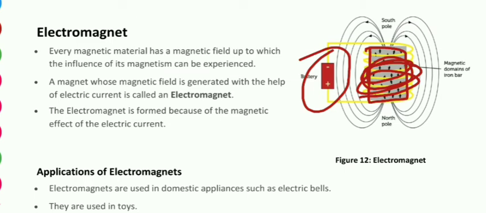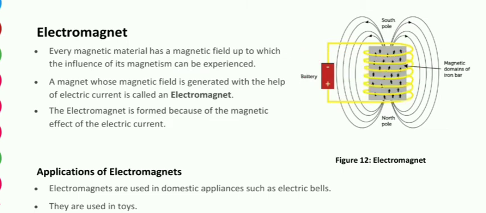When the current passes through the wire, the magnetic field will be created. And remember this: the terminal to which the negative terminal of the battery is connected is the south pole, and that of the positive is the north pole.